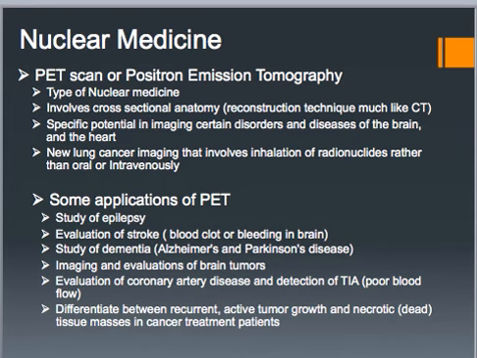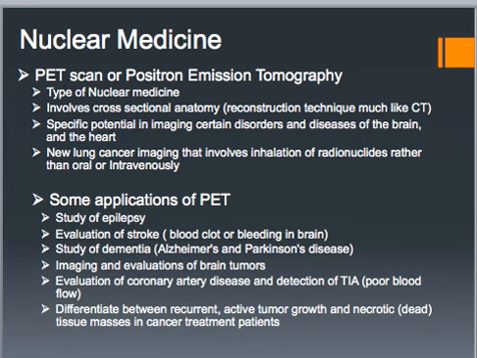Certain brain and heart diseases or disorders are very easy to depict on PET scan. There's also a new lung cancer imaging where a patient inhales the radionuclides just like in SPECT scanning, and it can give very detailed information about the lungs.